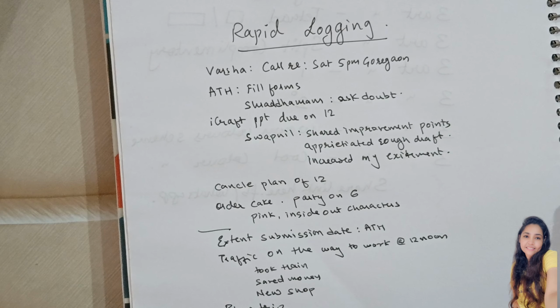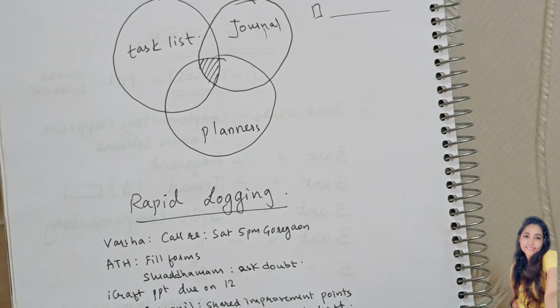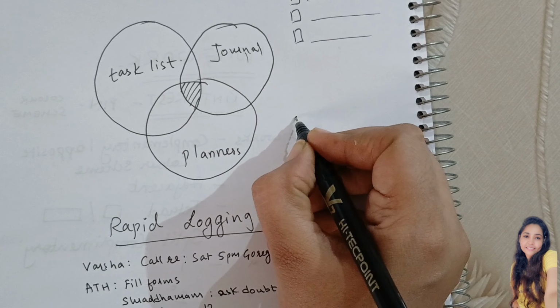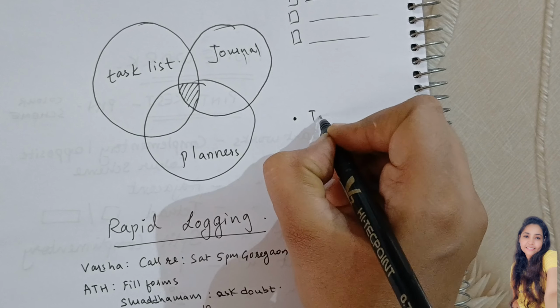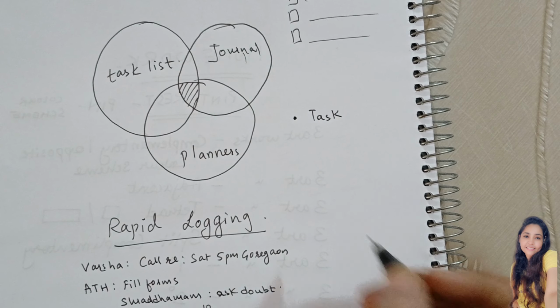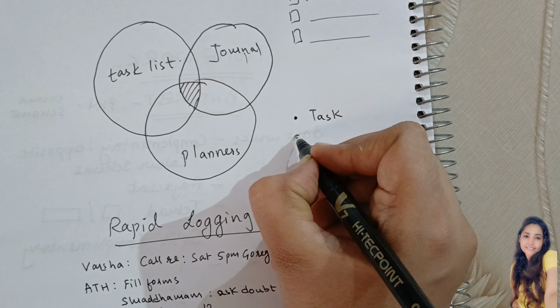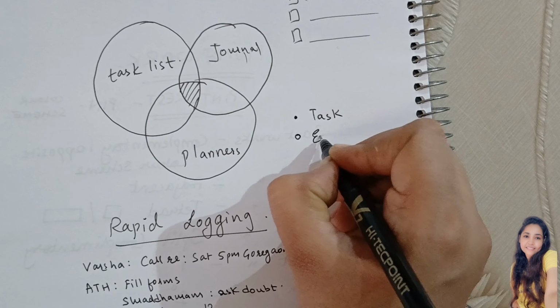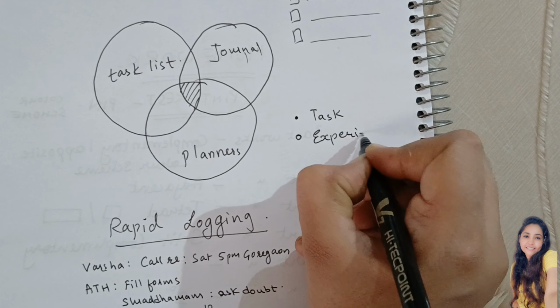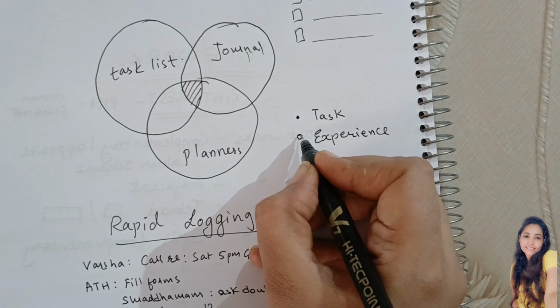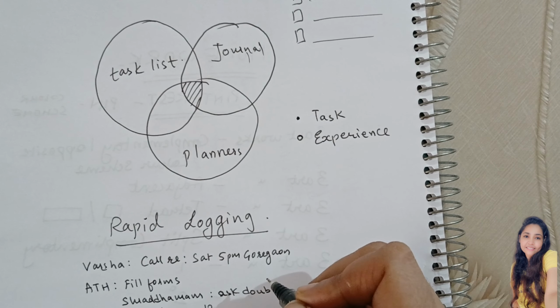All right, now there are three things in this. First of all, anything that you think is a task or a to-do list, you put a point in front of it. Anything which is an experience or an event, you put an open circle in it.